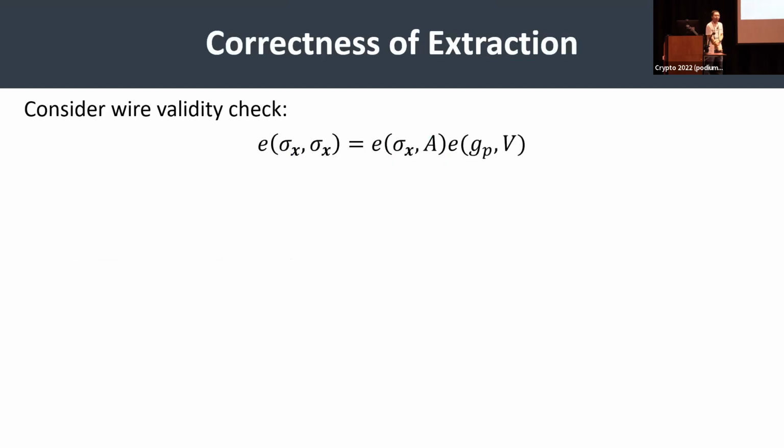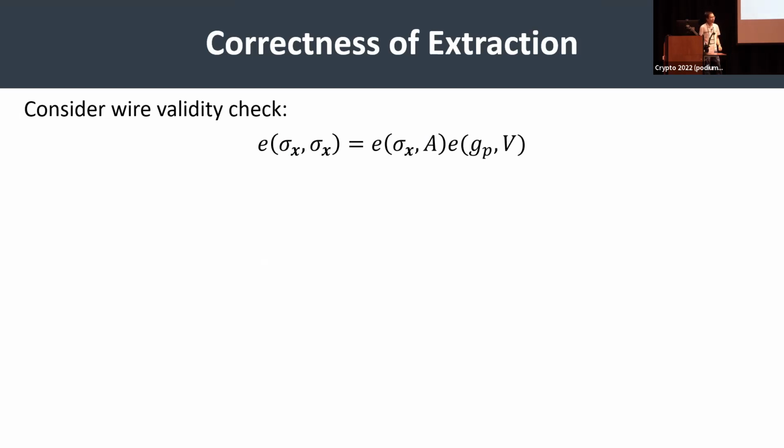So what remains to show is that this actually successfully extracts a witness for the chosen target. I'll just demonstrate it for the case of the wire validity checks. Consider again the wire validity check that I described earlier on in this talk. I'm going to pair the commitment with itself, pair the commitment with the all ones vector, and then have this final component, which is the cross terms cancellation component.